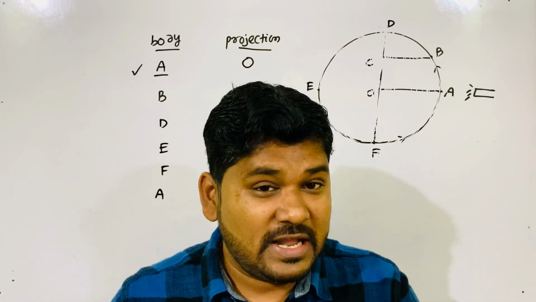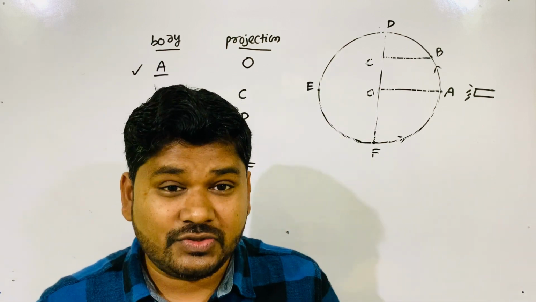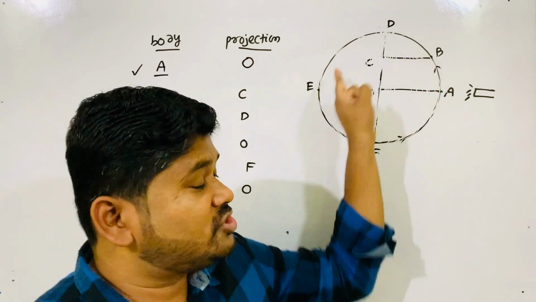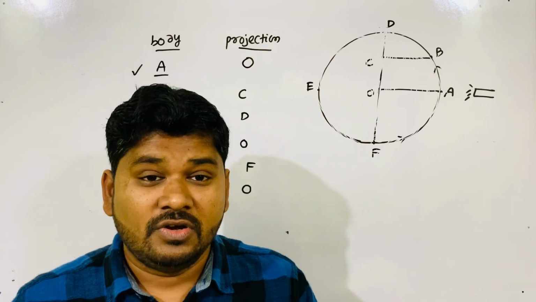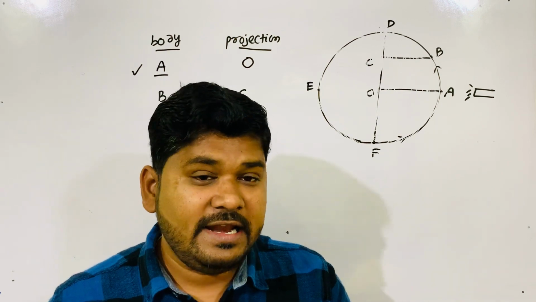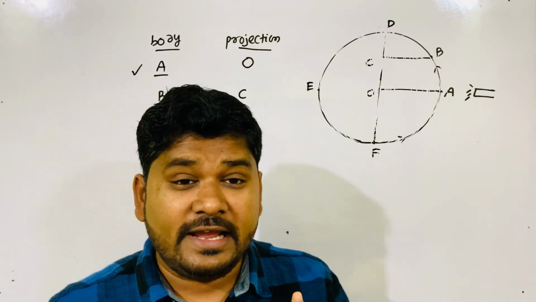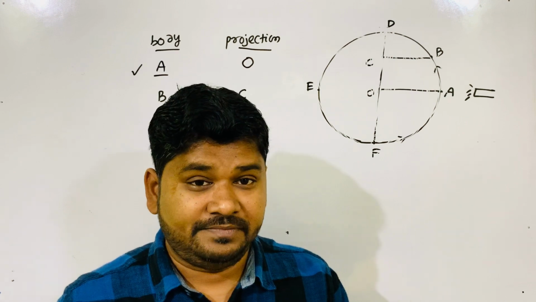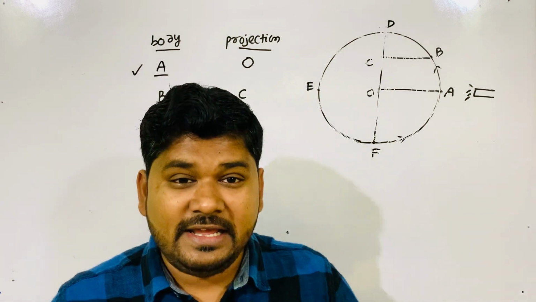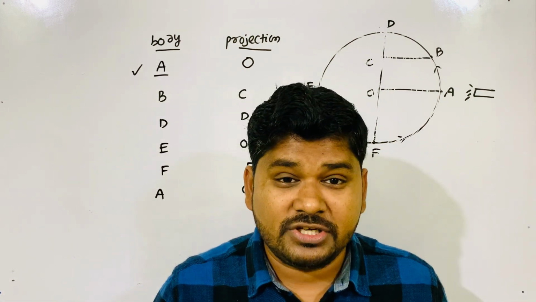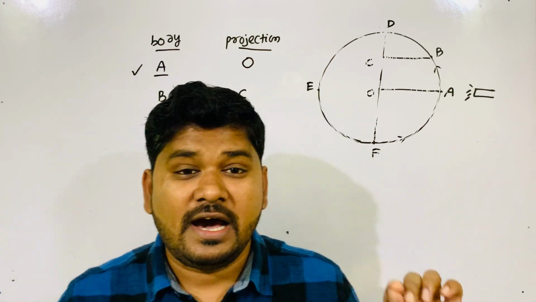In one sentence, we conclude: when a body executes uniform circular motion, then its projection on any diameter, not only this particular diameter, on any diameter, executes simple harmonic motion.